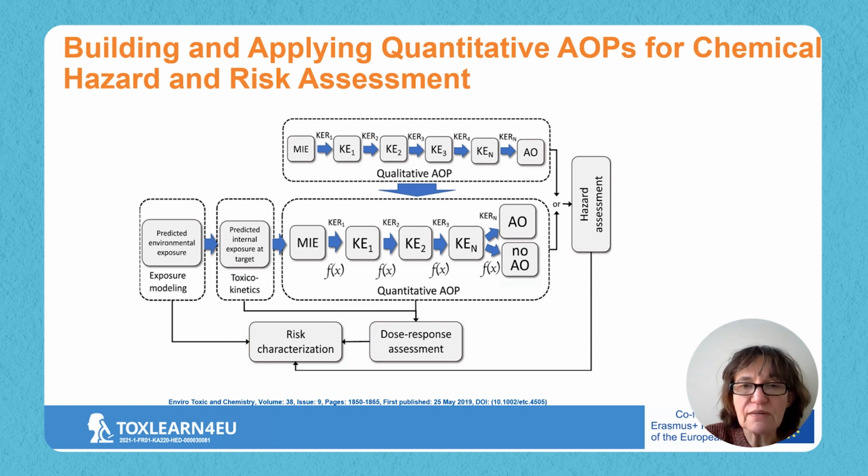So you need these key event relationships, the functional relationship of the key event relationships. You need these to be able to link it to the dose response and to link it to risk assessment.